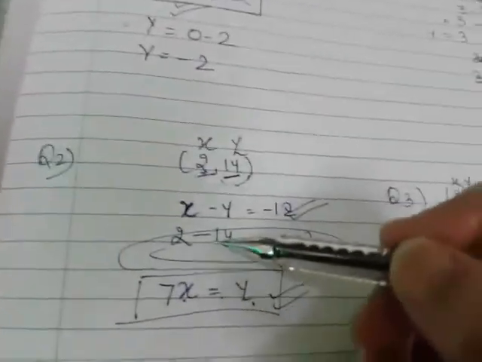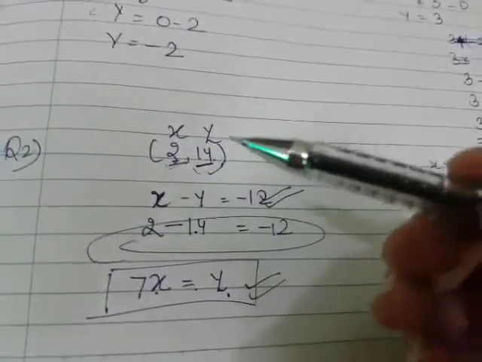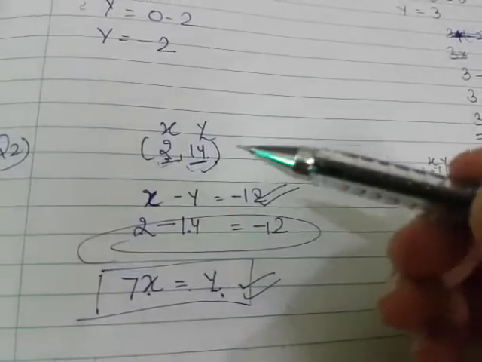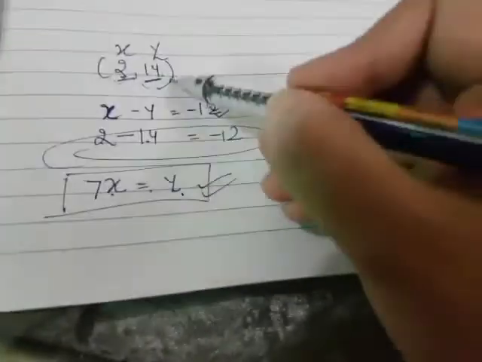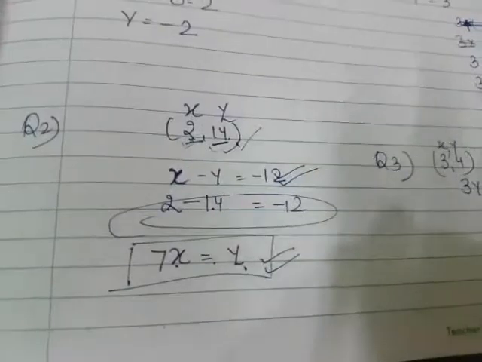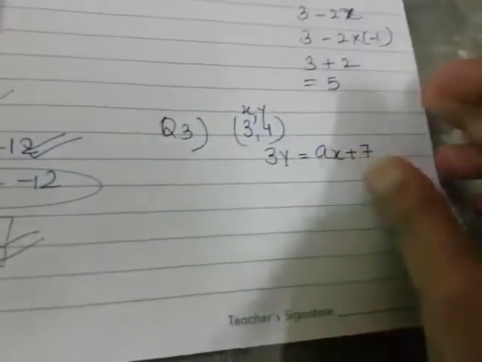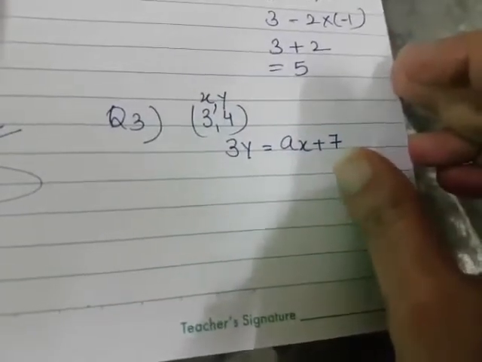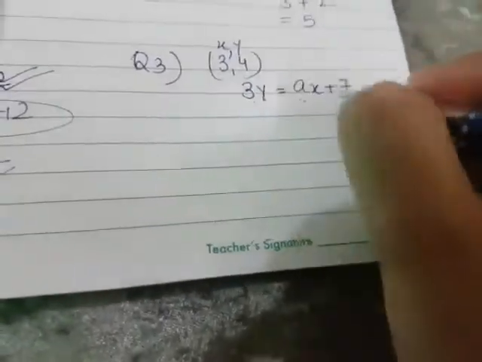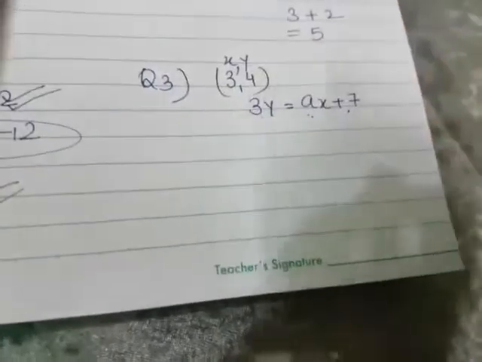Just now in the second question I told, there also they are asking to find two lines which will pass through these values, it means these are solutions of the equation. Same in this question also they are asking that if the point (3, 4) lies on the graph of this equation, then the point lies on the graph made for this equation.